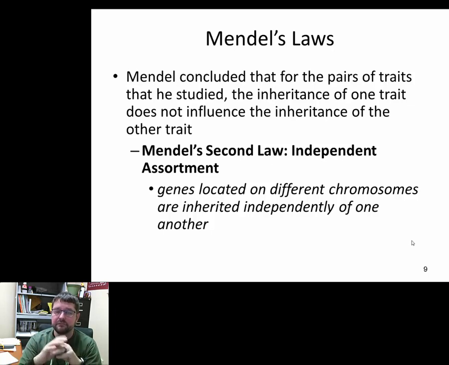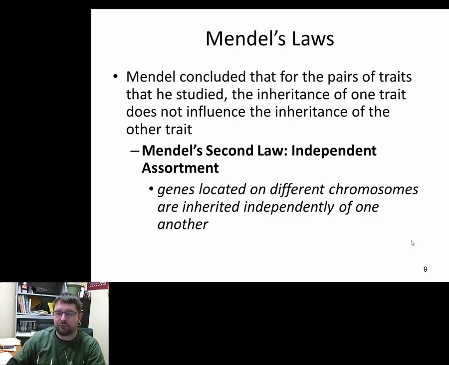But remember that Mendel did not know about chromosomes. So this is pretty interesting stuff, because he's talking about genes or characteristics and concluding that this is the way it must be inherited, but he didn't know there was such a thing as chromosomes. Okay?